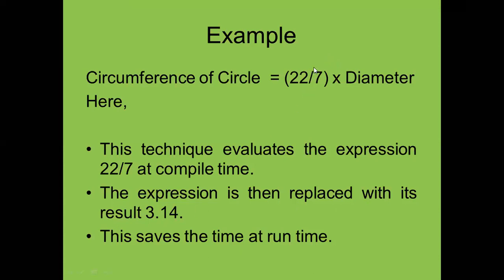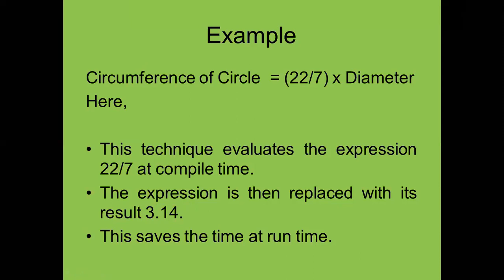So it is better, no need to write in this form, 22 upon 7. No need to involve the slash, meaning division, floating point division, otherwise it will take more time. We can replace it by 3.14. Just write circumference of circle is equal to 3.14 into diameter.